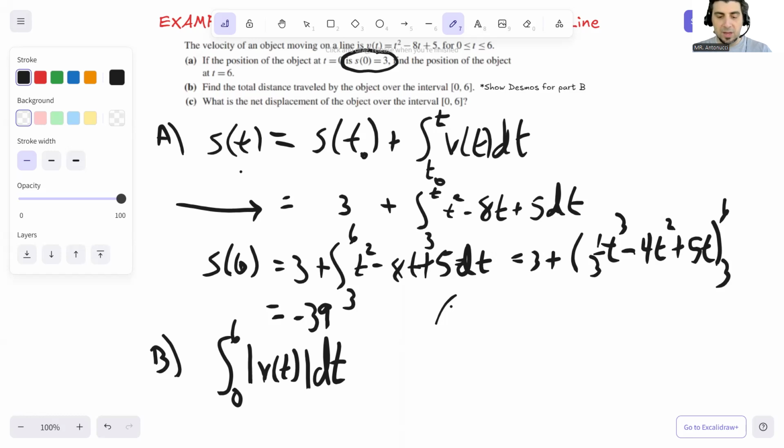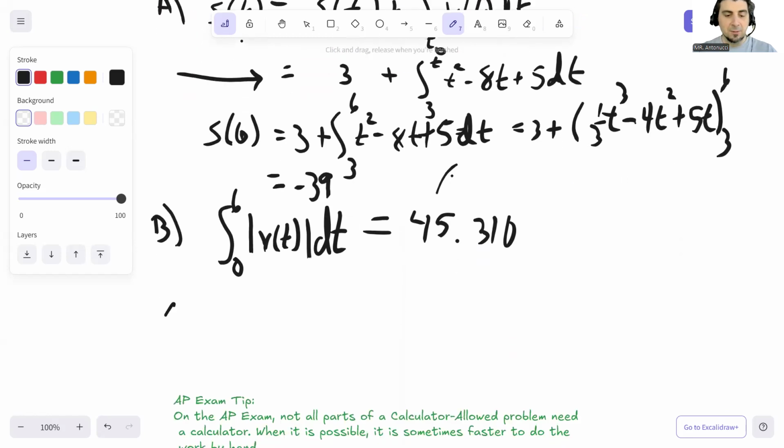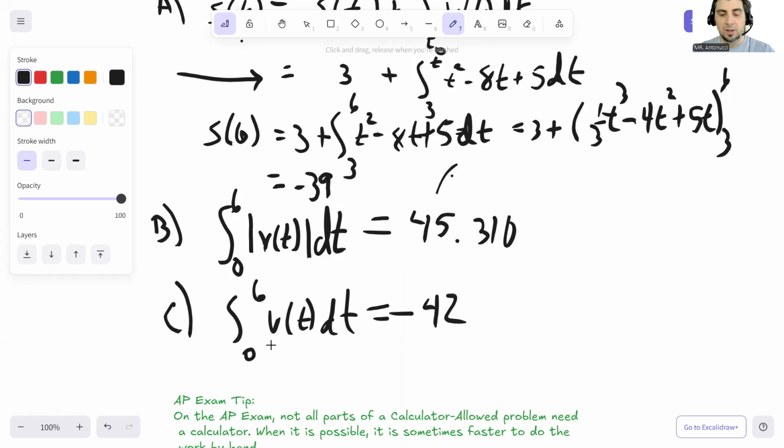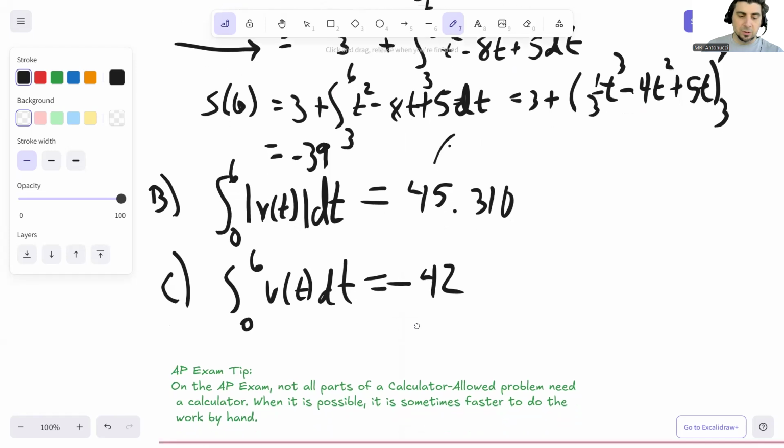For part B, all you have to write is that integral, and then you could write 45.310. And then for part C, the net displacement would be the integral from 0 to 6 of v of t dt, and that's negative 42. Of course, if it's in context, you want to give the units on those numbers. And if it asks you to interpret it, make sure you're interpreting it there as well.